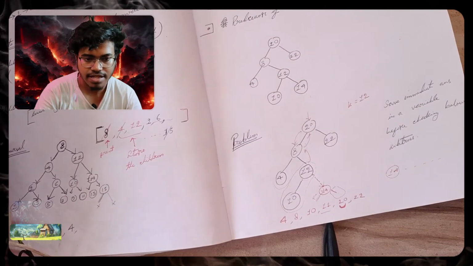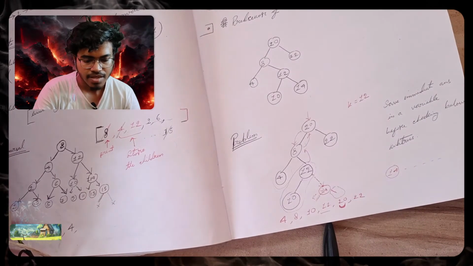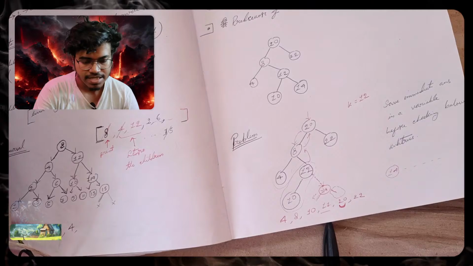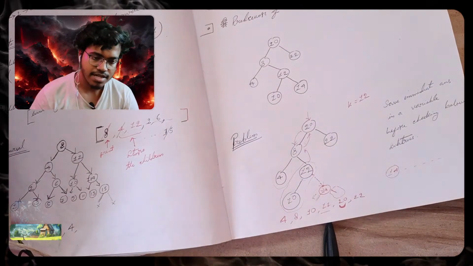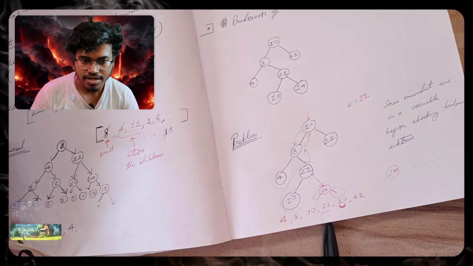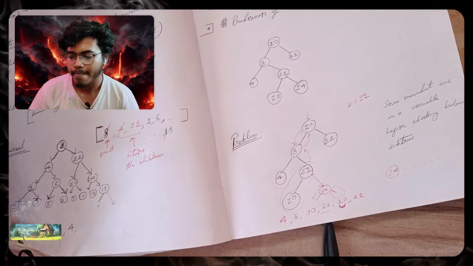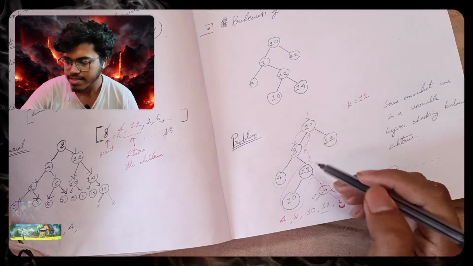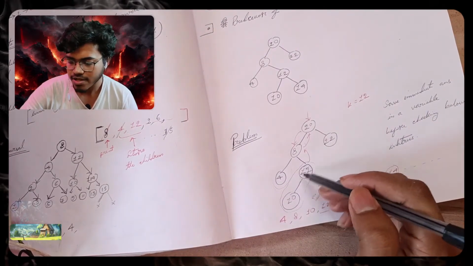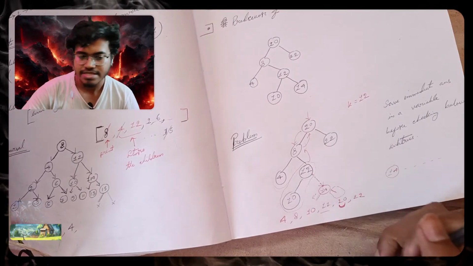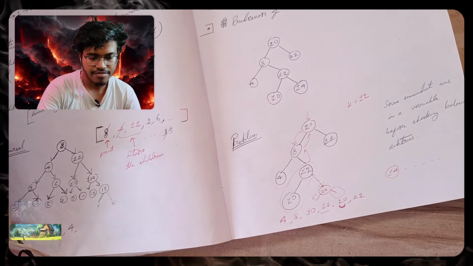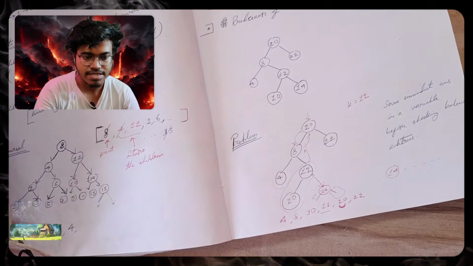We will check the left subtree, and else if node dot data is not greater than key, if it is less than or equal to the key, then this entire subtree does not contain our answer. So we need to go towards the right to find our potential answer.